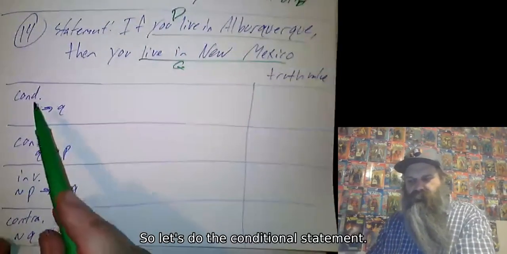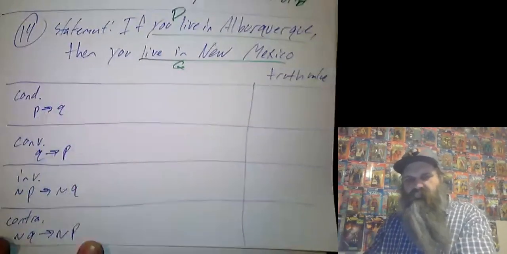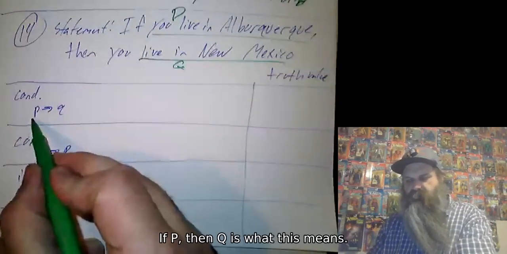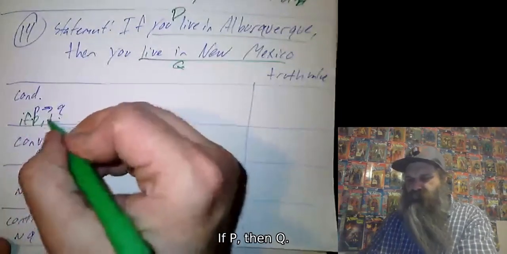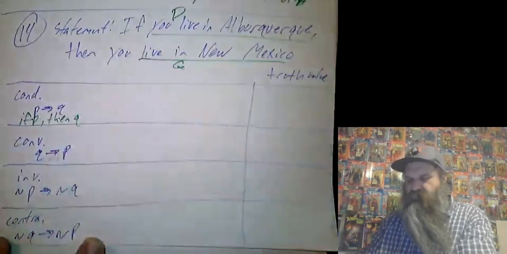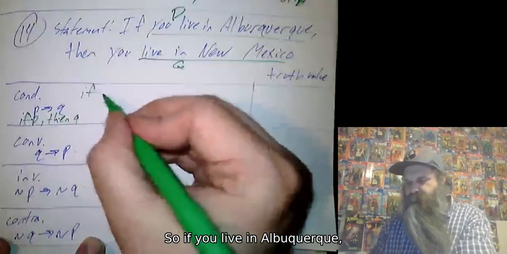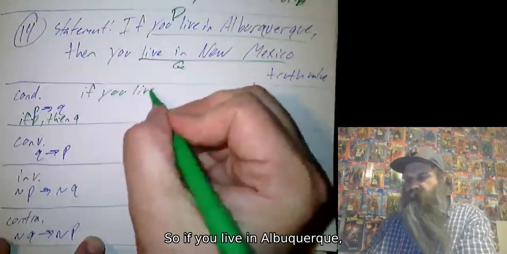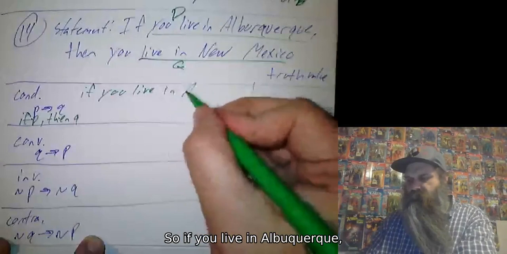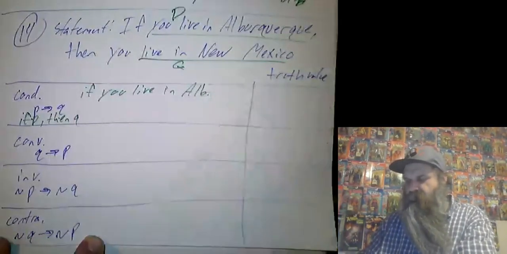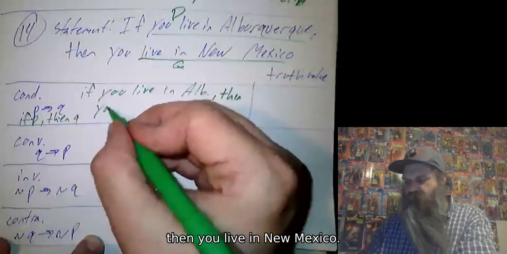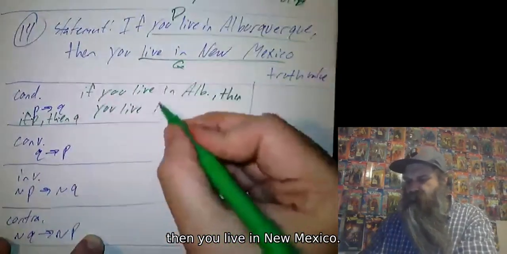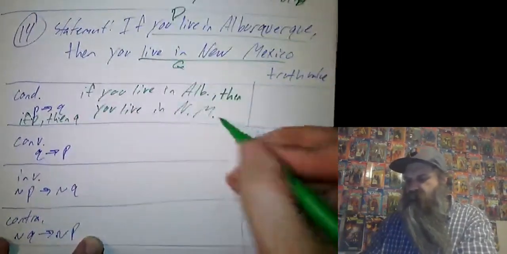So let's do the conditional statement. If P, then Q is what this means. If P, then Q. So if you live in Albuquerque, then you live in New Mexico.